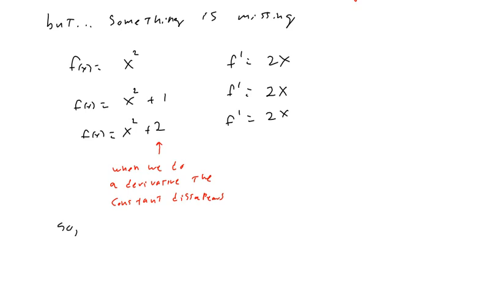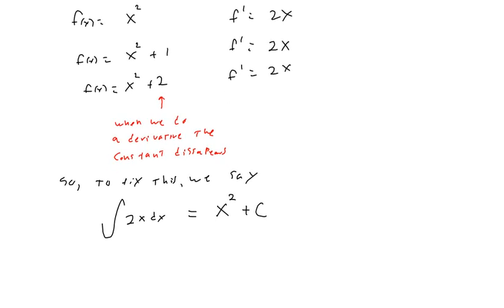So to fix this, we say the integral of 2x dx is x squared. I know it's x squared, but I have to imagine there's maybe some constant at the end of the equation that's hidden that I don't know about. I have to account for this possibility.